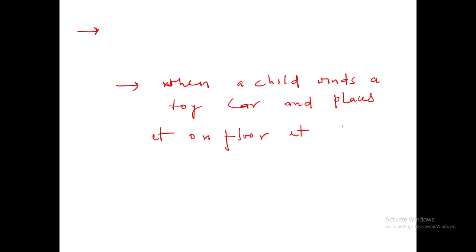It starts moving, right? All of you have seen it. This is because there is a spring or a spiral shape inside the toy car. By winding the key, the child winds up the spring of the toy car and the spring gets coiled more tightly. The work done in winding the spring gets stored up in the tightly coiled spring.